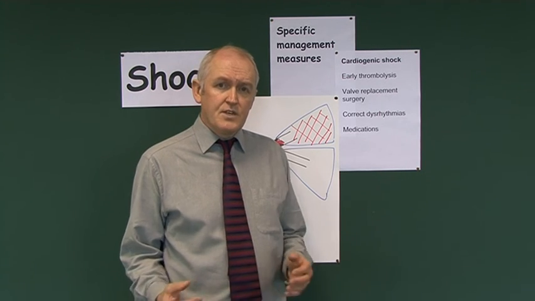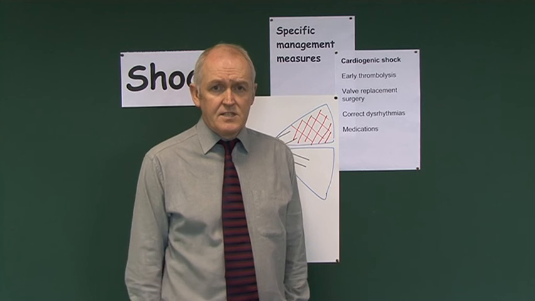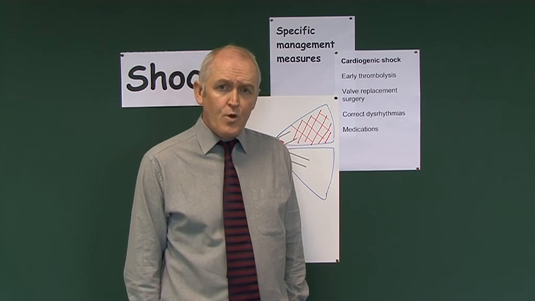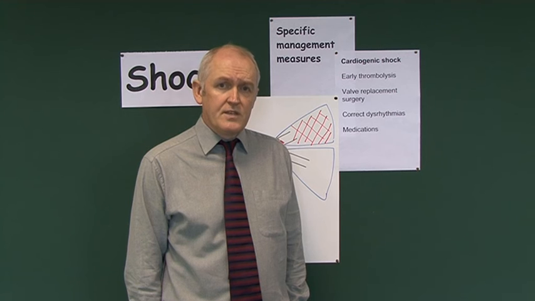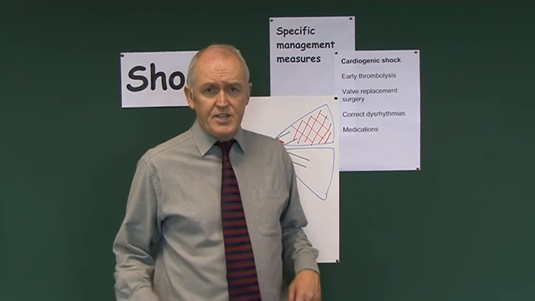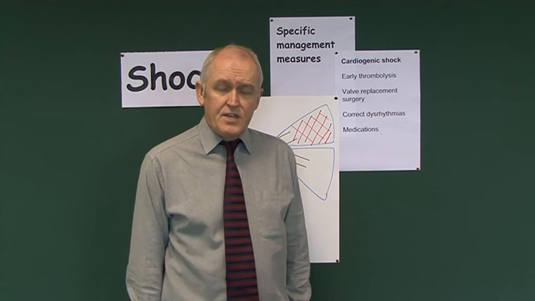So sometimes in critical care situations we might give inotropes to increase the contractility of the surviving myocardium, or we give other medications to try and improve the cause of the condition. For example, angiotensin converting enzyme inhibitors are very good for treating congestive heart failure.